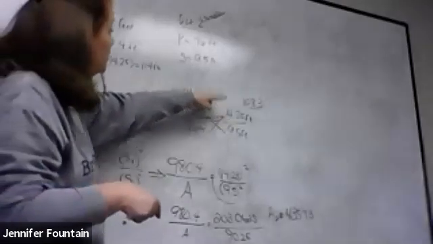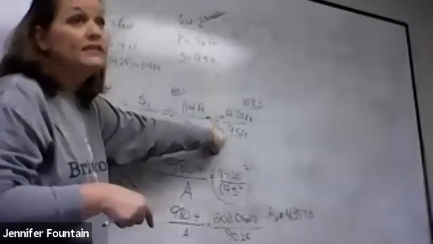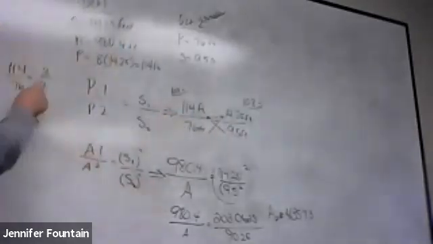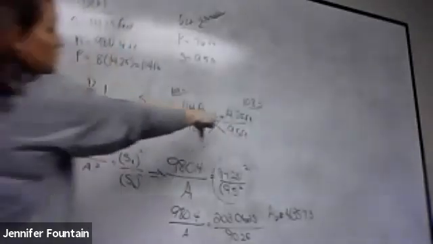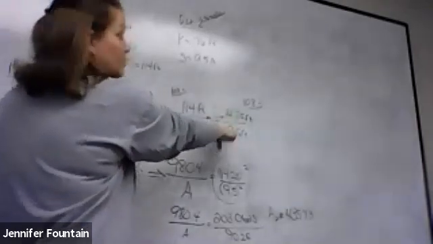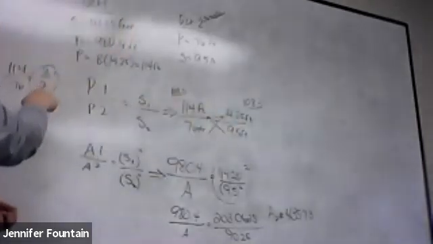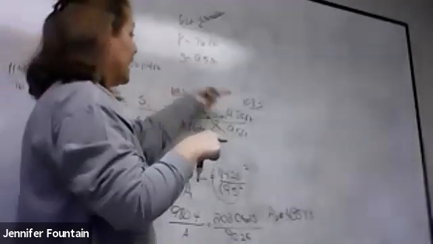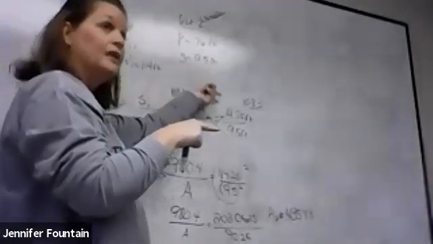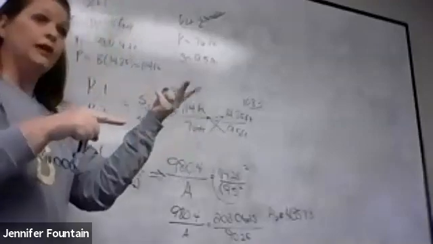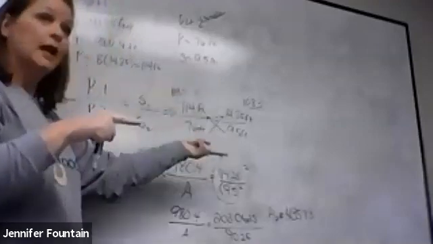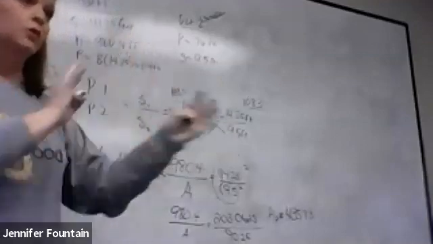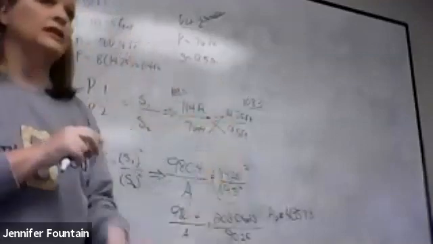Here, we could have reduced when we set up our proportions: 114 over 76 reduces to 3/2, and 14.25 over 9.5 reduces to 3/2. Or I could have flipped it and had 76 over 114 and 9.5 over 14.25, and then it would have been 2 over 3. But however I set it up, you just have to have your corresponding information in the numerators, corresponding in the denominators, and you're still going to get the same answer.